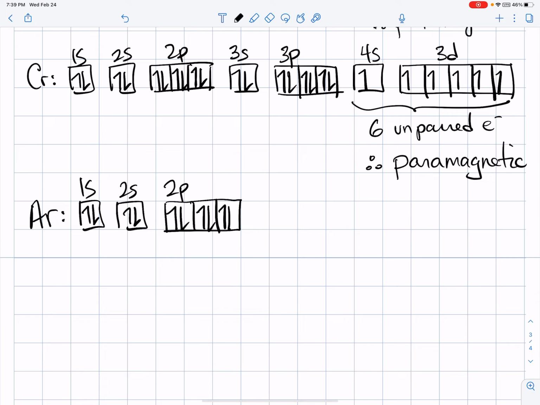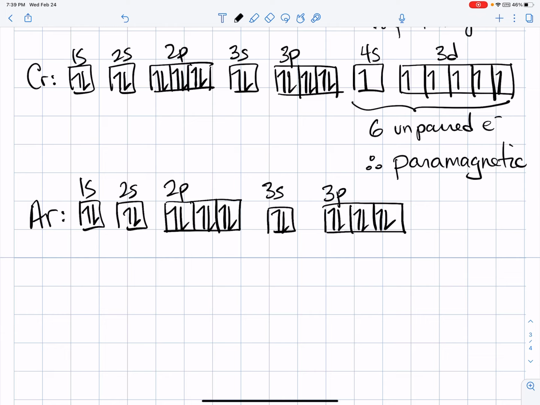I'm at neon now on my periodic table. Then 3s2, and then 3p, 3 boxes, and 3p6. So 1, 2, 3, 4, 5, 6. There is argon's orbital diagram.